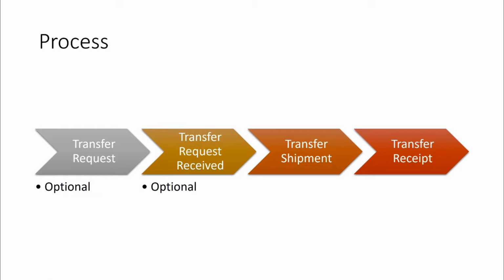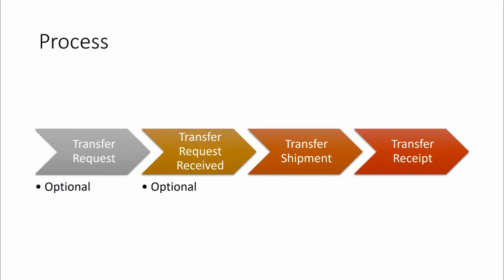Then in the transfer shipment, the destination store will do the shipment. That means they transfer out stock to the source store, the requesting store. Then the second step, the requesting store will do the receive after the other store has already shipped, already transferred out, and this is to receive into the store.